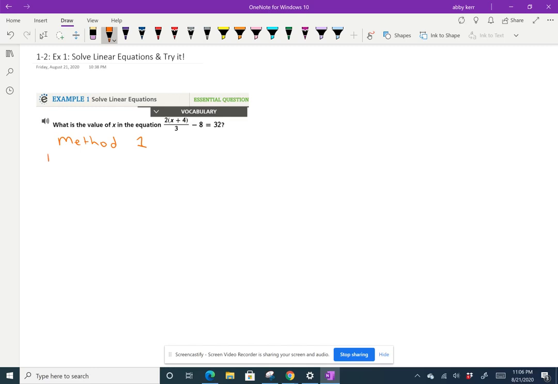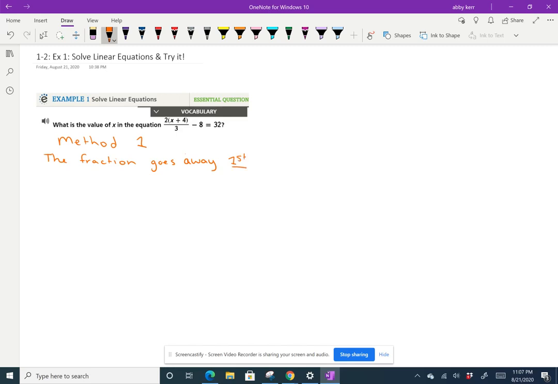So I know some of you guys don't like fractions, which I don't blame you, but you just need to remember a fraction is just division. So the fraction goes away in this method. And I guess I should say that it goes away first.